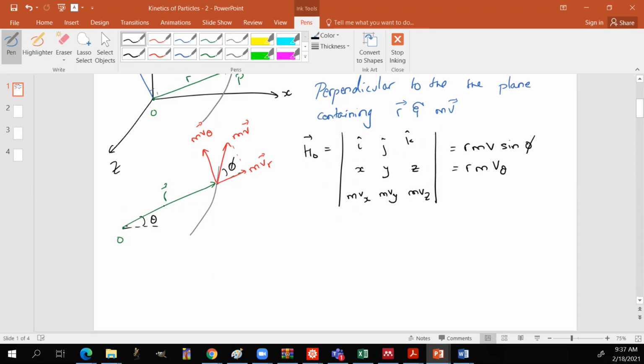And this quantity, we know, is equal to r times theta dot. So this simplifies to m times r squared times theta dot. This is the expression for the scalar quantity of your angular momentum.